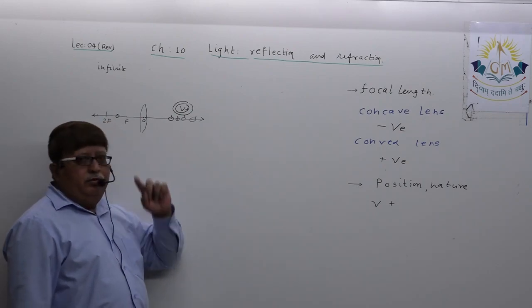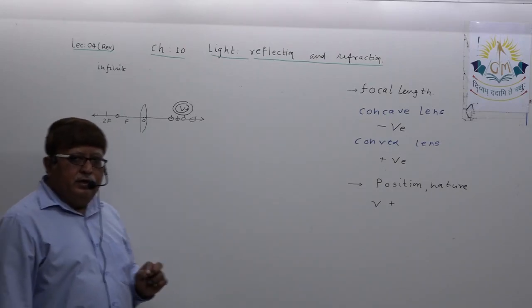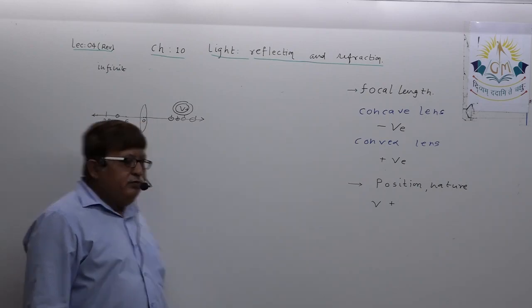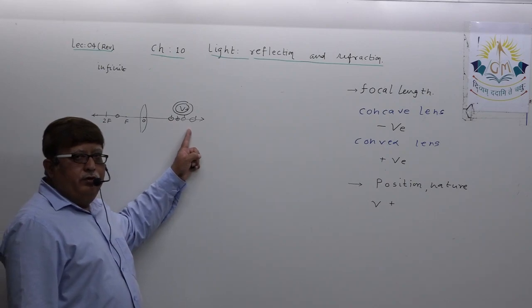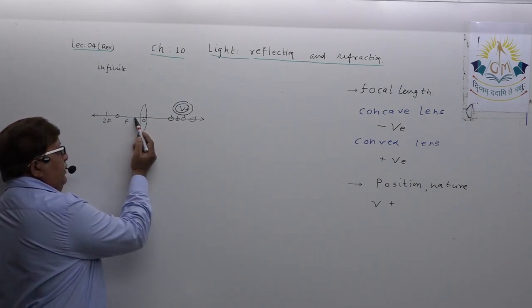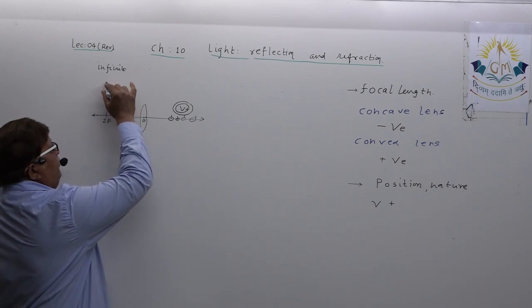I haven't yet discussed a diagram regarding the convex mirror. I just want to make the basics clear. I have just discussed the four images. I haven't discussed the image obtained when the object is placed between the optical center and focus, because you know the image is formed somewhere here.